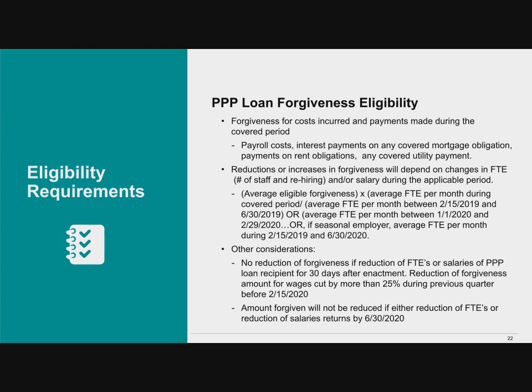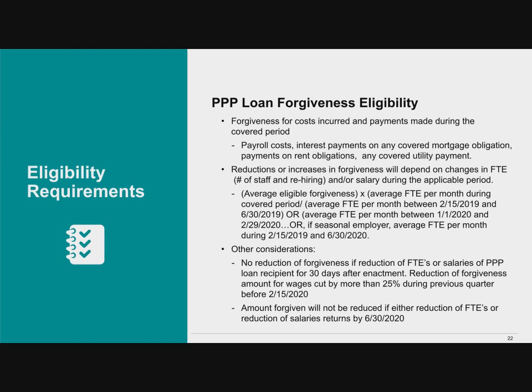There's no reduction of forgiveness if the full-time equivalents or salaries of the PPP loan recipient are maintained for 30 days after enactment. There's a reduction of forgiveness amounts for wages cut by more than 25% during previous quarters, starting 2/15/20. So basically, this is going to be the more difficult part of the process.